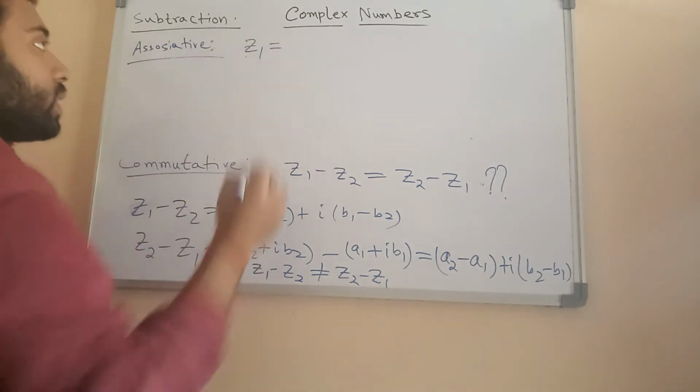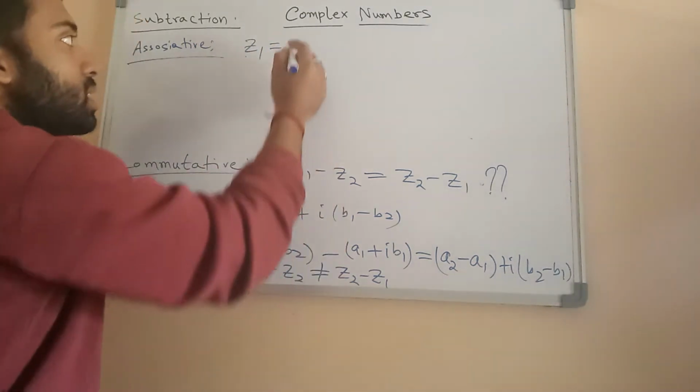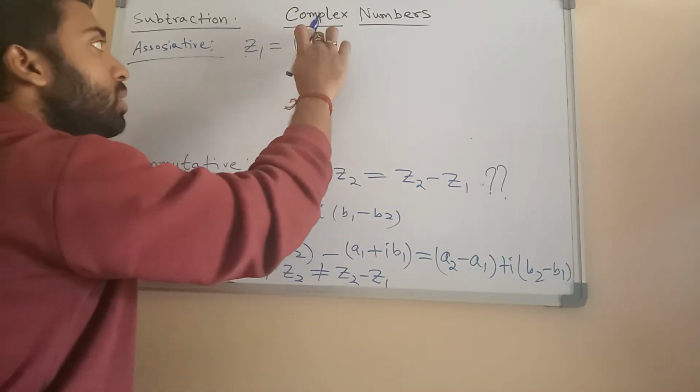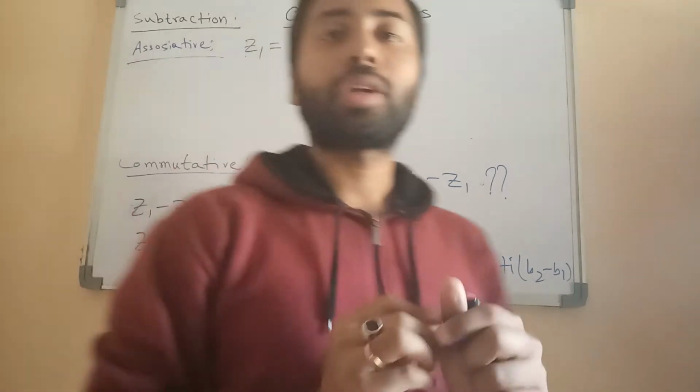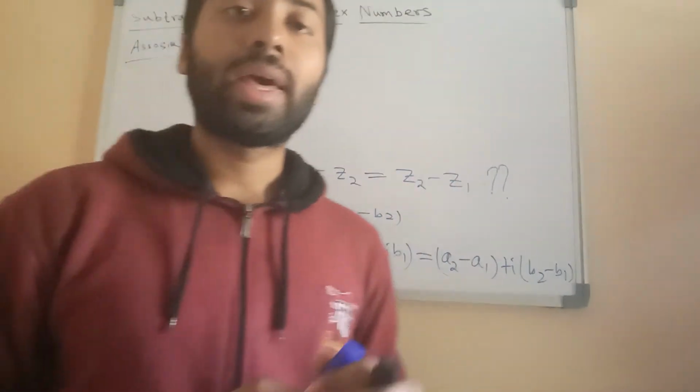So it's better to choose some examples, and we will show that similarly the associative property doesn't hold, because associative property holds means it is true for any complex number.